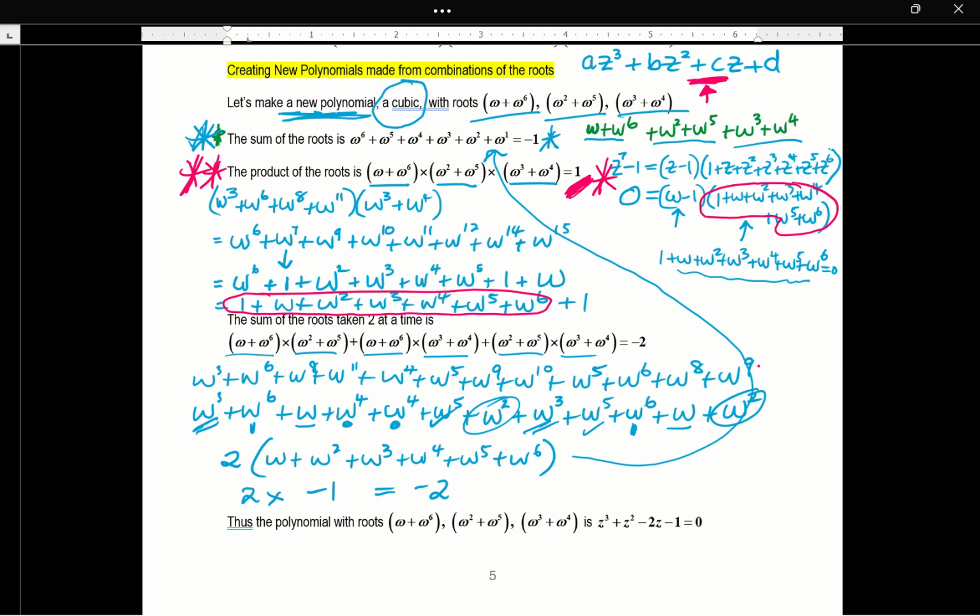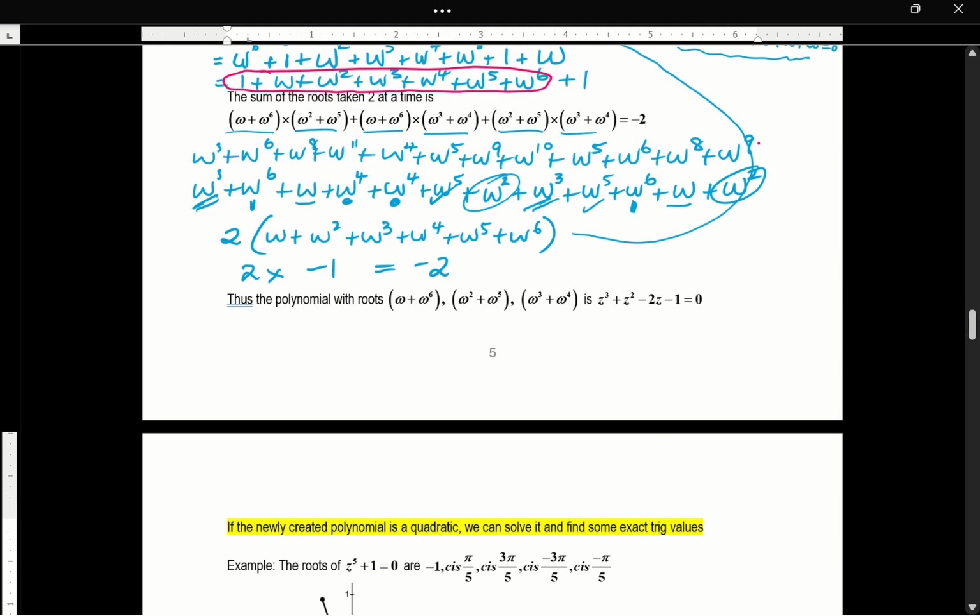So now I've managed to get myself the sum of the roots being minus 1, the sum of the roots 2 at a time being minus 2, and the sum of the roots 3 at a time being 1.